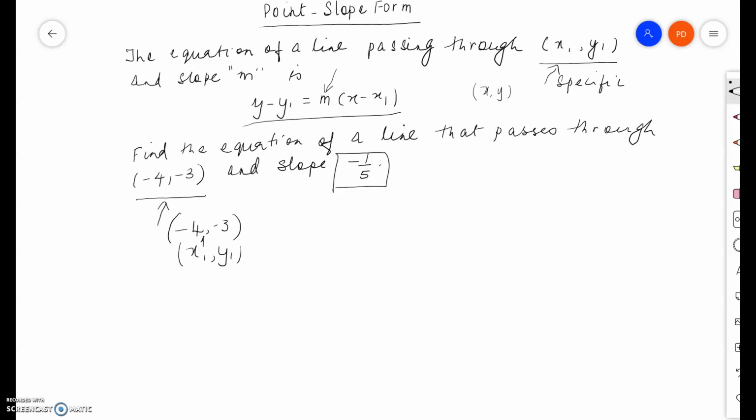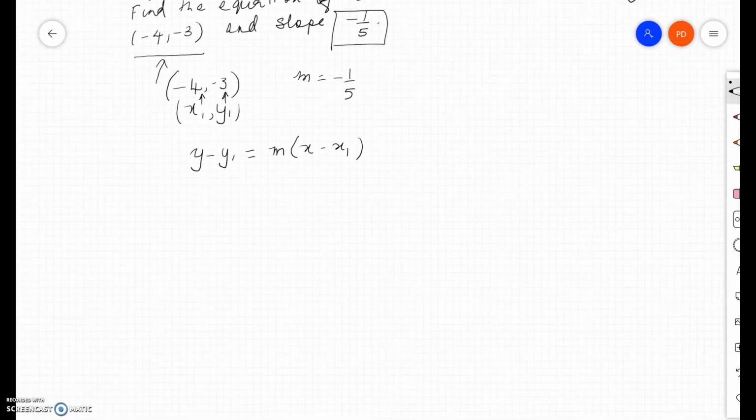So x1 is -4, y1 is -3, and the slope is -1/5. So write down the equation first. This is the point slope form, not the slope intercept form. You're given a point and you're given the slope in this case. So this is called the point slope form.